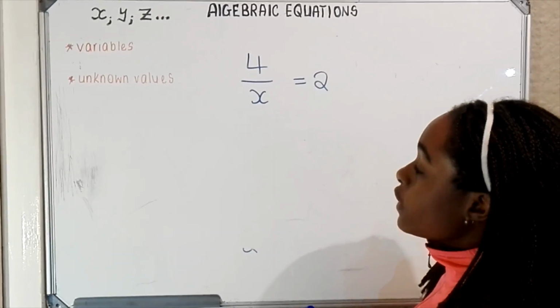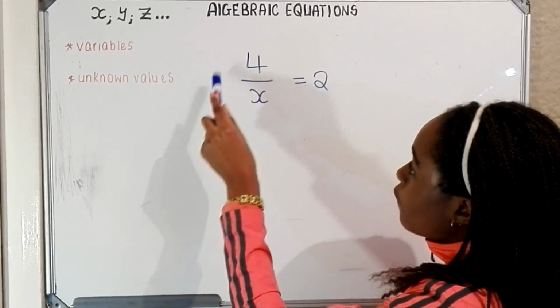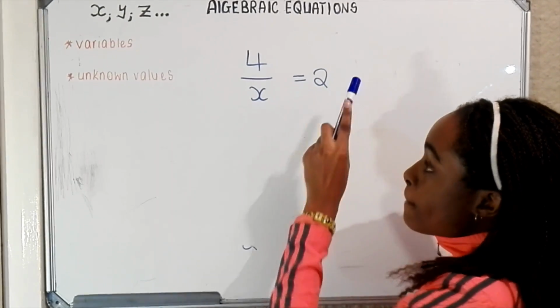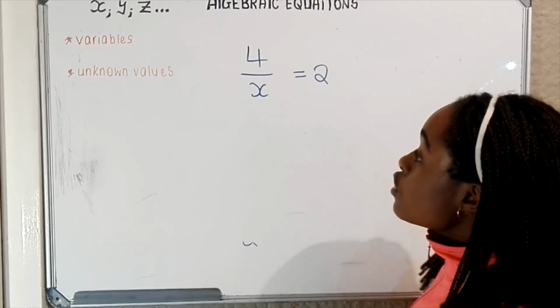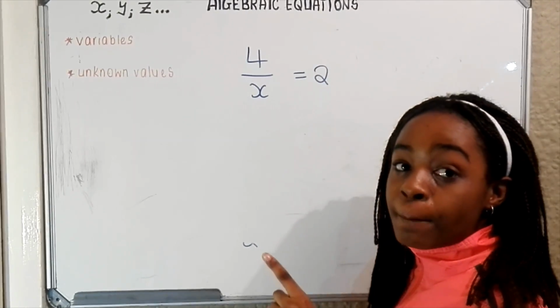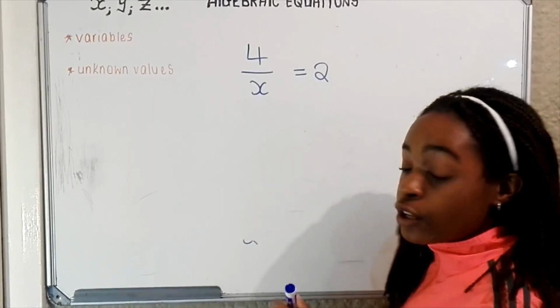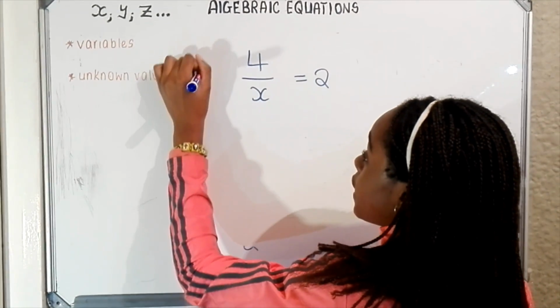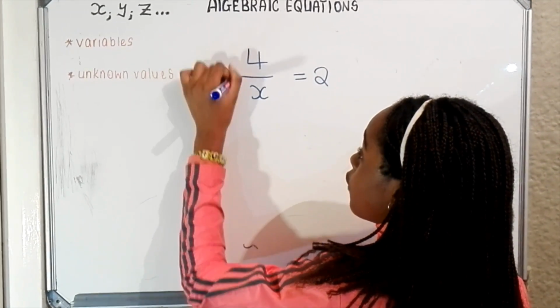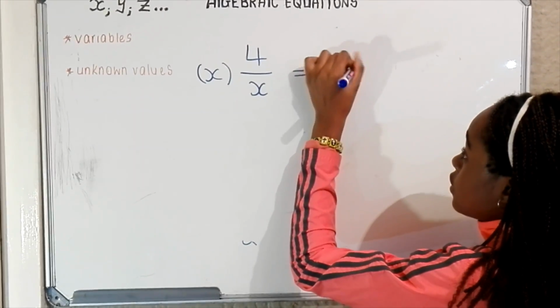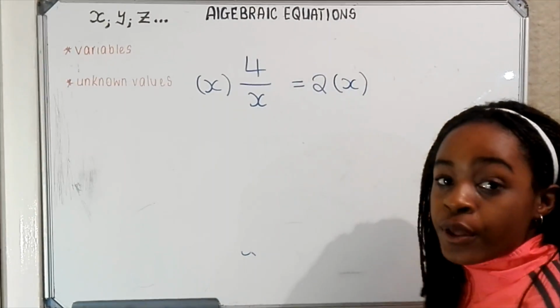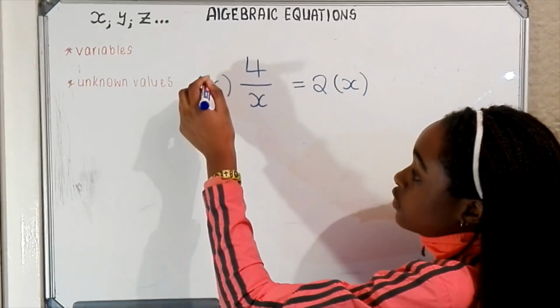So in this case, we don't multiply by 4 because they won't cancel each other. Instead, we can actually multiply by x. So we can multiply by x over here, and whatever you do on this side, you do on this side as well, okay? So the x and the x cancel.